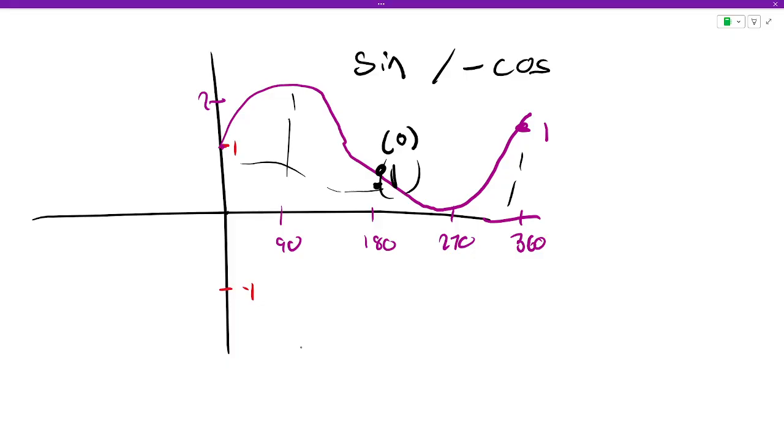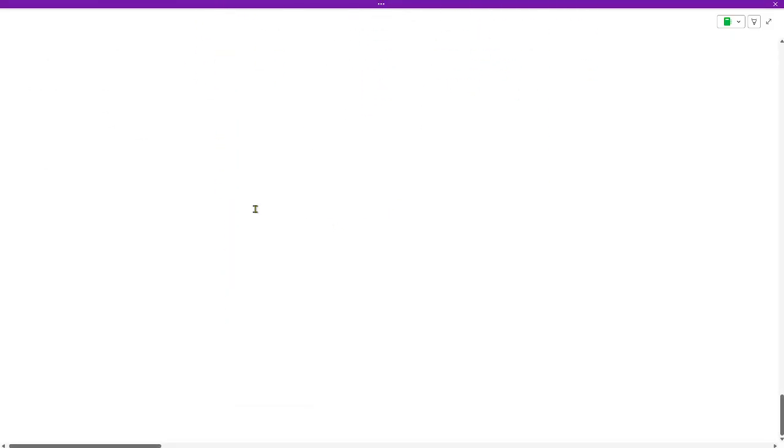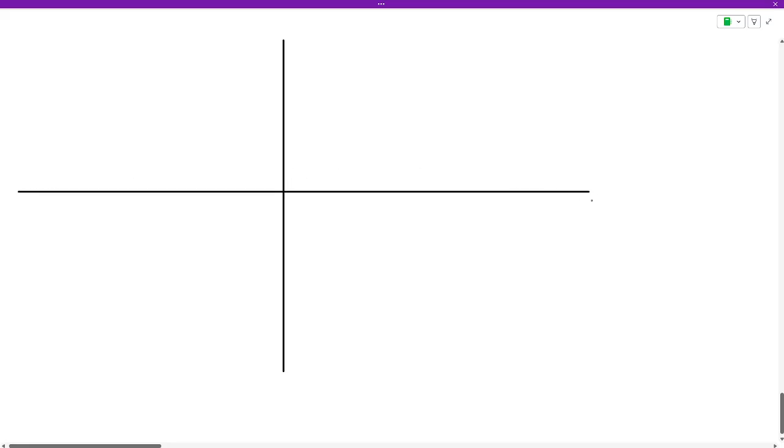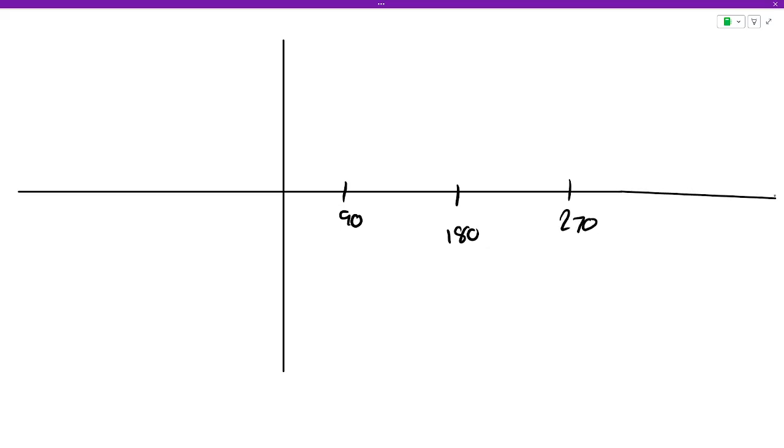Okay, right. Let's look at this example from exercise 5.14. 90, 180, 270, 360, 2, 1, minus 1, and minus 2.